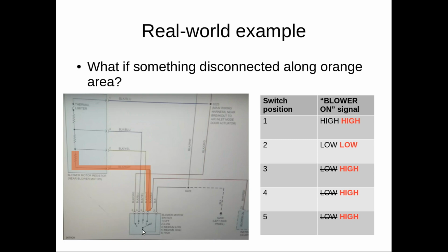However, when the position is 3, then 0 voltage appears in this junction, but there is no way for it to go back to our terminal, so we will see high signal on the terminal. The same thing will happen for switch positions 4 and 5.